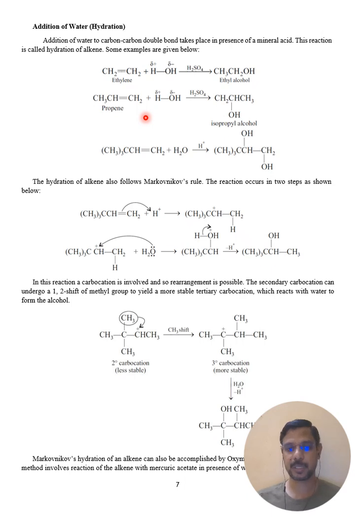Again, this also follows the same Markovnikov rule. So the OH minus will attack the carbon which has the lesser number of hydrogens, right? So we get the secondary alcohol, that is isopropyl alcohol, as the major compound. Okay, so it follows the Markovnikov rule.